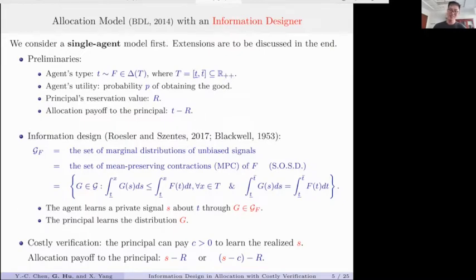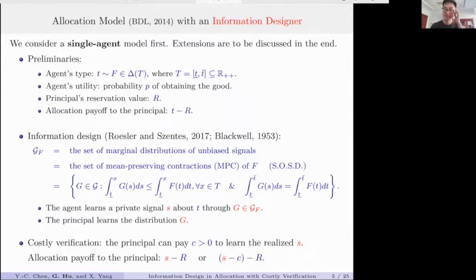The information designer may favor the student to maximize the probability of the student getting the PhD position. Alternatively, the information designer may favor the department and design information so that the department can get a high quality student with the largest probability. So the information designer's objective may be different in different scenarios, and we will talk about 3 possible objectives later.